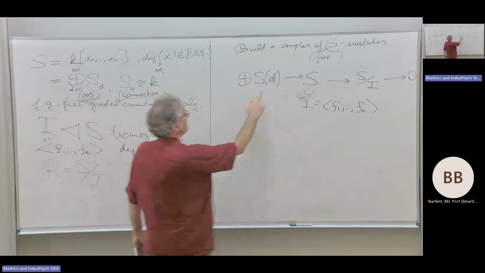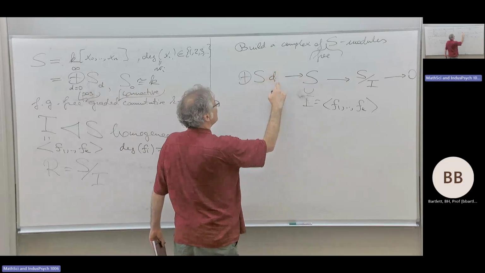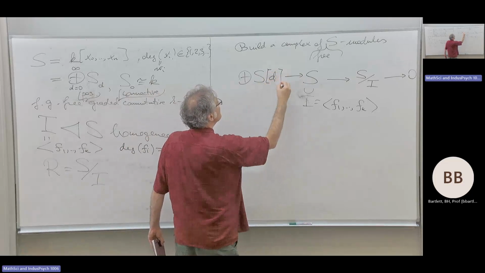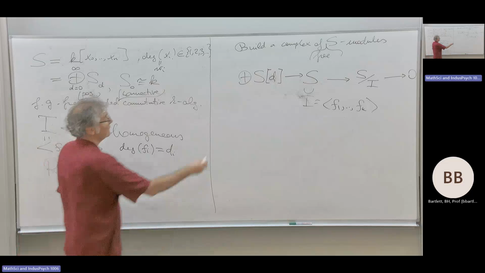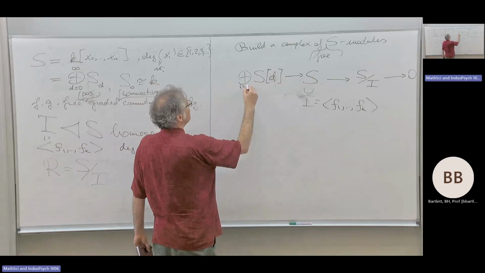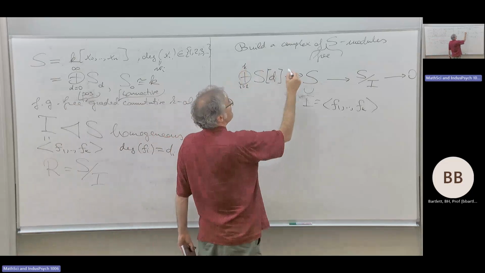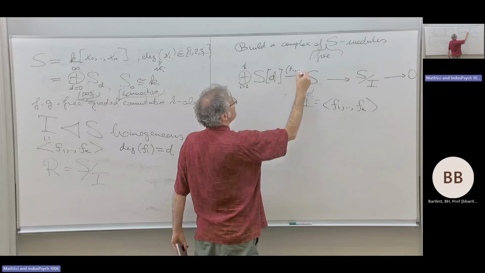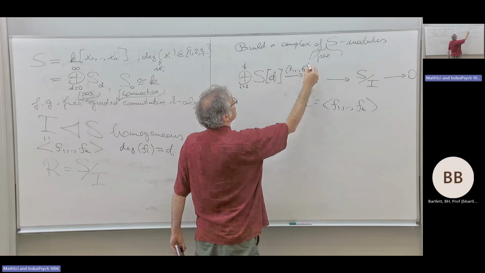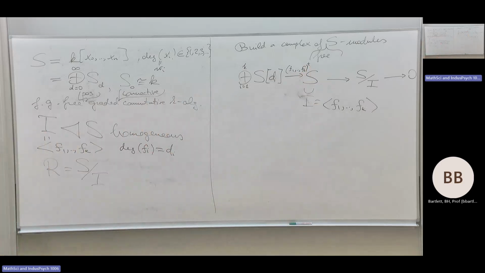I think I put square brackets last time, so I want to put square brackets again. So this is just a shifted free S module. Here I have as many copies as there are generators, and the map is multiplication by Fi. If I think of this as just a module map, then I'm just multiplying each copy by Fi and then adding up the different copies.